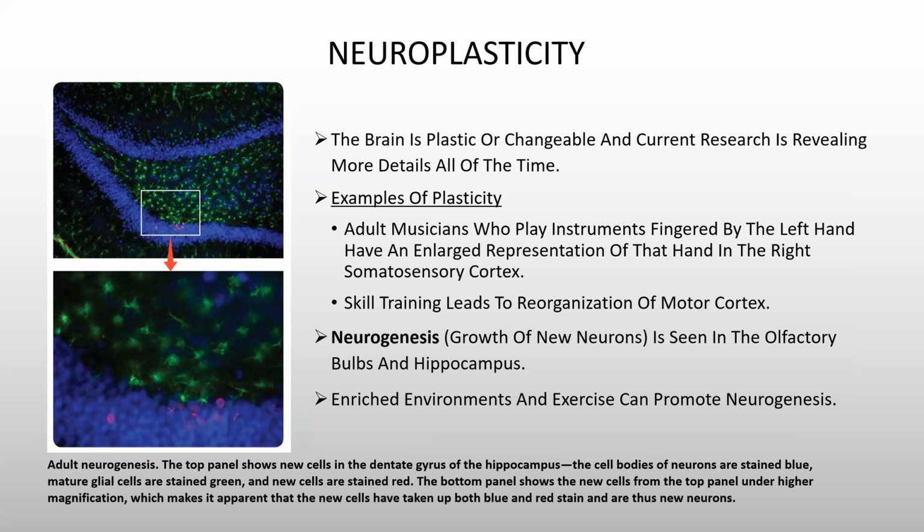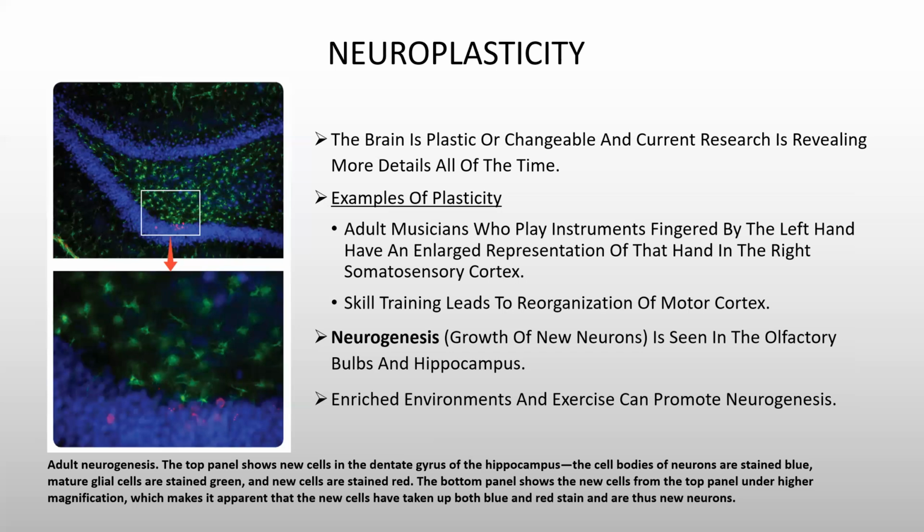Remember it's plastic because of some extremity that's being used a lot more often. In the case of a musician, let's say playing a guitar or a violin, is fingering all those strings and causing a lot more activity in that somatosensory cortex. Skill training leads to reorganization of the motor cortex as well. And that makes sense because the motor cortex is telling those muscles what to do.